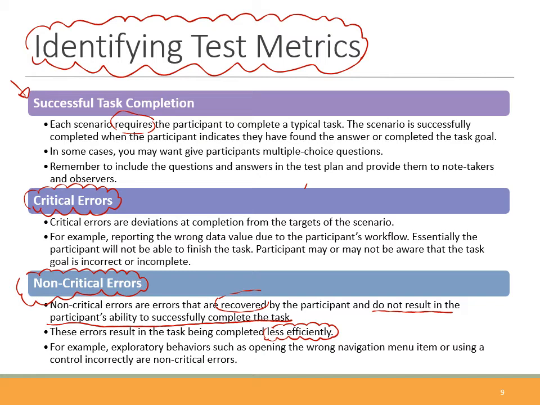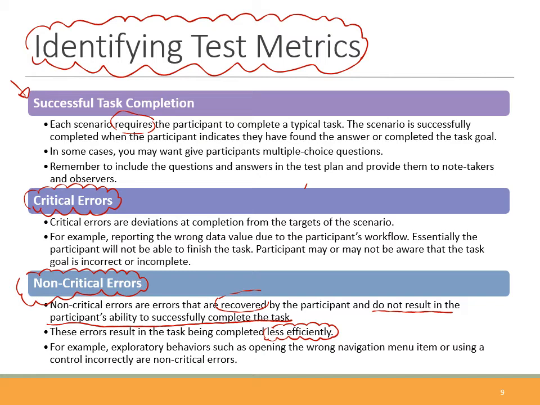Some examples of these non-critical errors would be wrong navigation. Maybe you try the wrong menu and you could not find the menu that leads you to the resulting page of performing some operation. So you click on several menus. Oh, this one you don't find the data that you want. Click another one, and finally you find it somewhere.